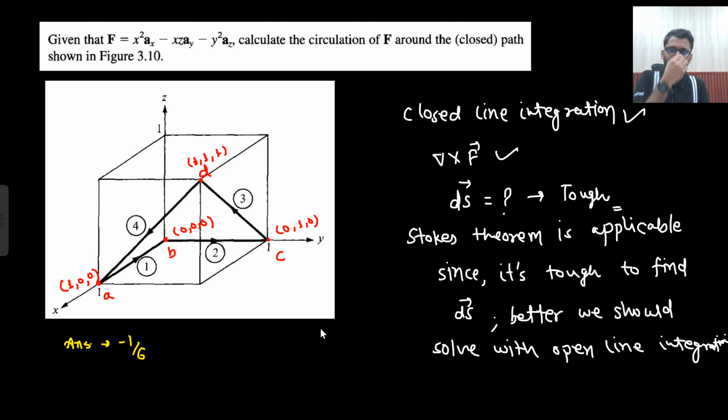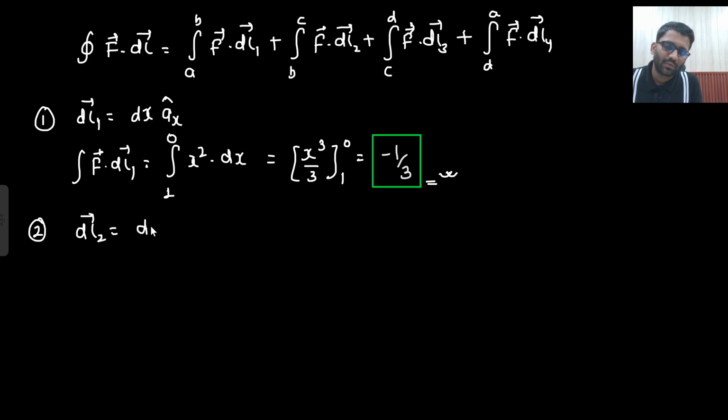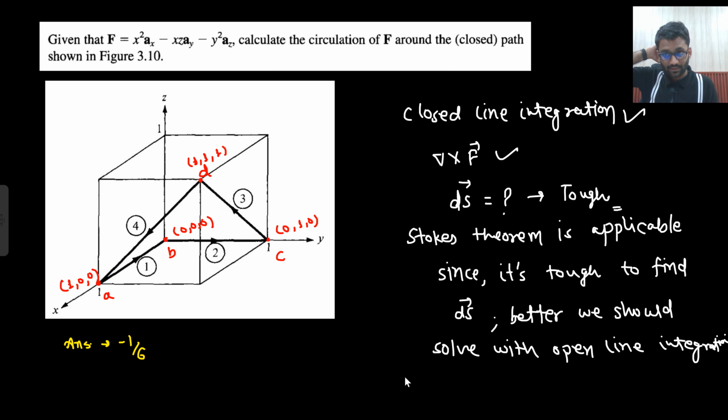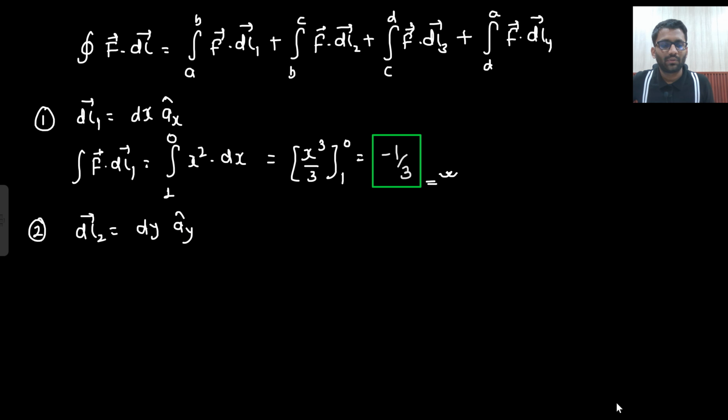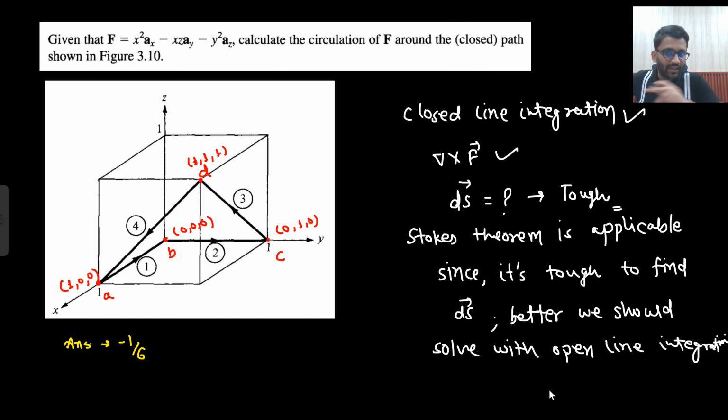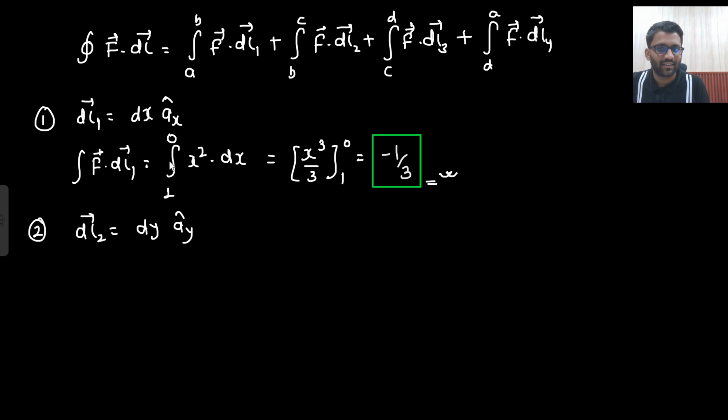Let's talk about dl2 now. What is changing in dl2? Y is changing. So dy ay cap. Wait a second, there is some error. It would be minus ax cap, no? Dx minus ax cap, because we are moving in the minus x direction. Will I put minus ax cap there? No, I told you, you will not put minus ax cap because the limit will take care of that, right?